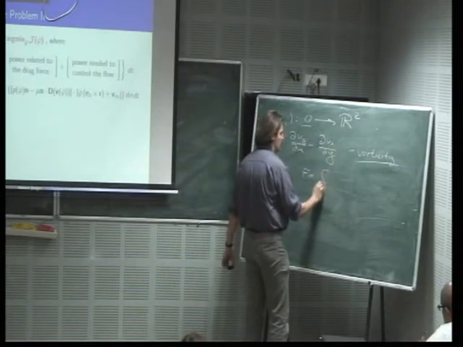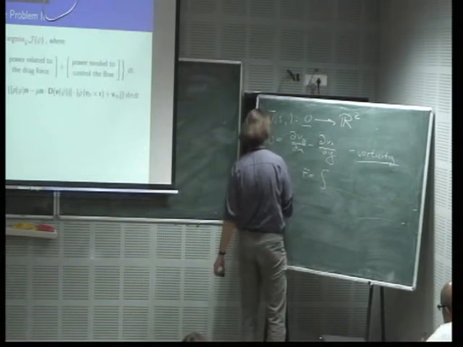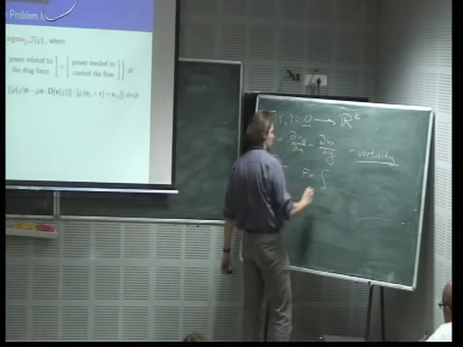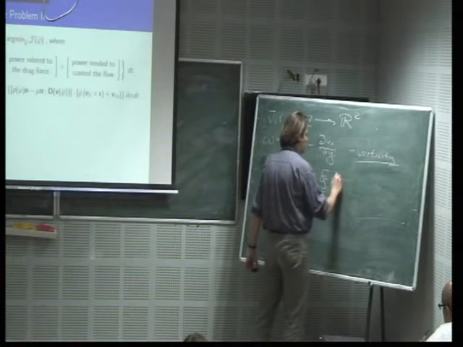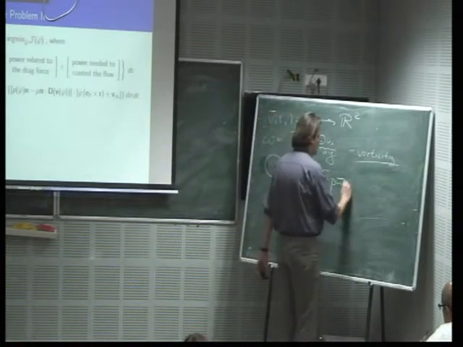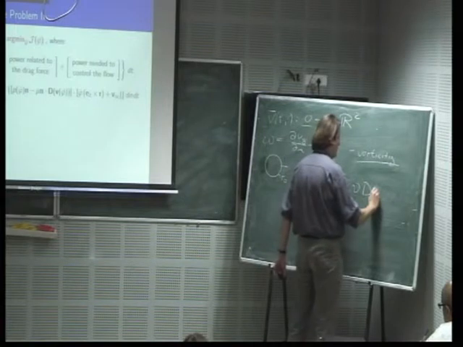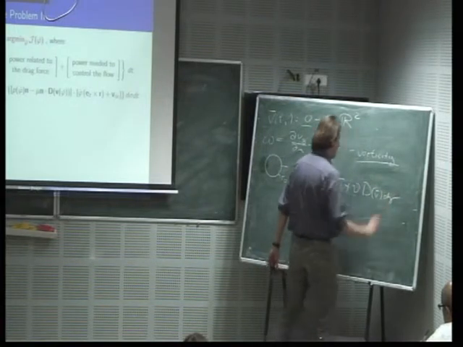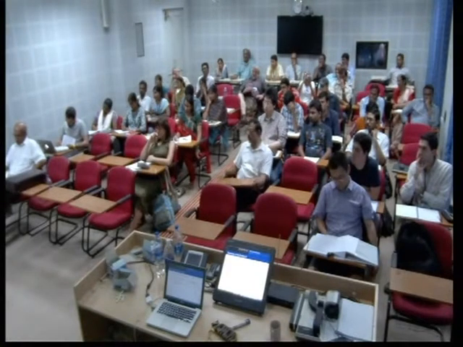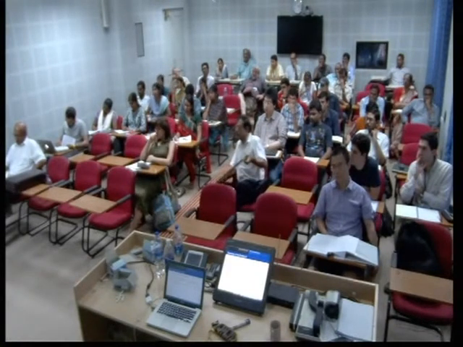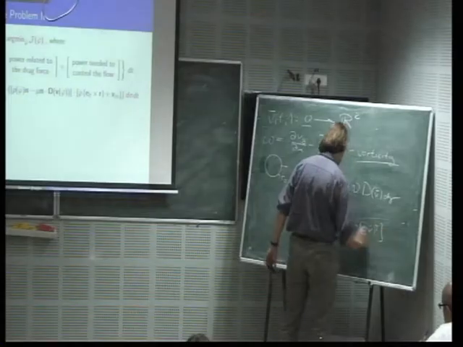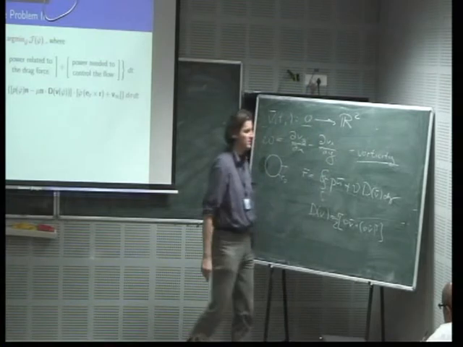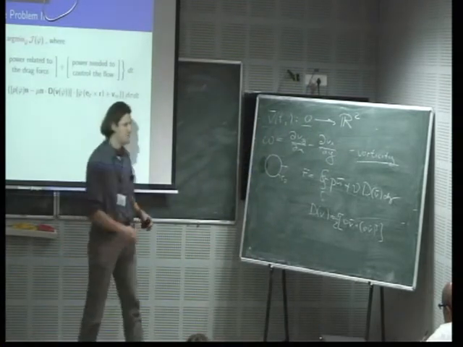This is an integral over the boundary, which we denote gamma 0, of minus pressure times the normal vector plus mu D of v, d sigma, where D of v is the symmetric part of the velocity gradient tensor.